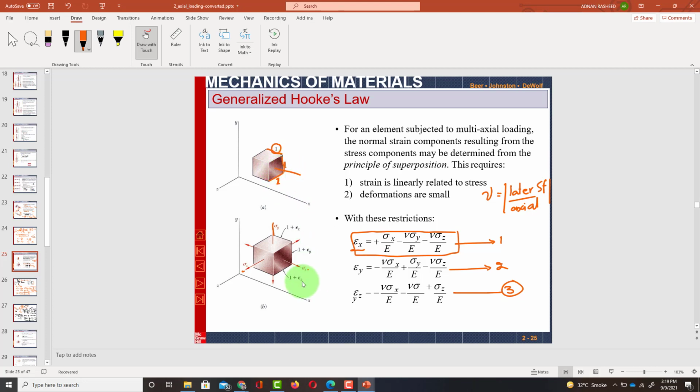When this is applied to three-dimensional loading as shown over here, sigma x, sigma y and sigma z, so definitely there will be change in length in x direction, in y direction as well as in z direction. Clear? So in x direction it is 1 plus epsilon x, in y direction it is 1 plus epsilon y, and in z direction it is 1 plus epsilon z. So where value of epsilon x, epsilon y and epsilon z is given over here. ठीक है ना?